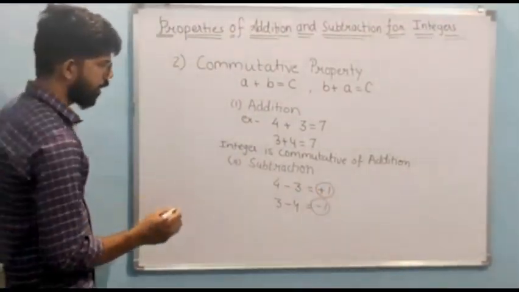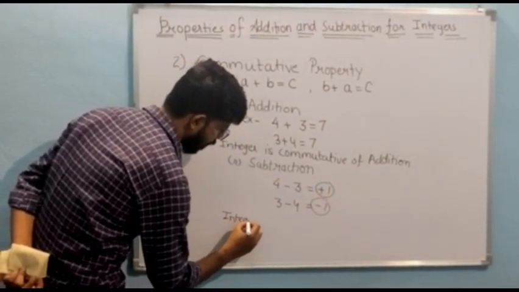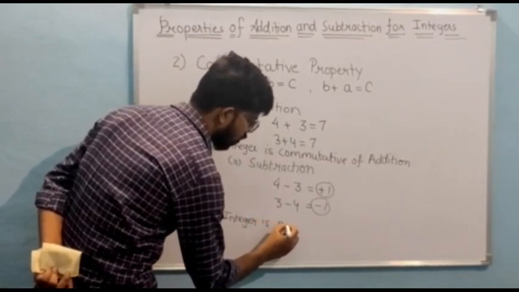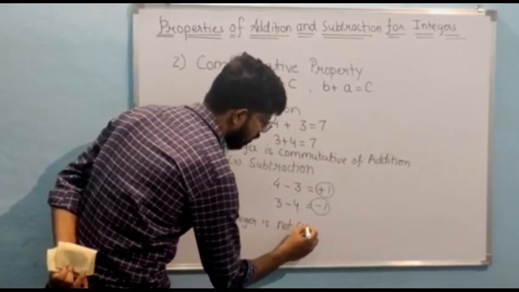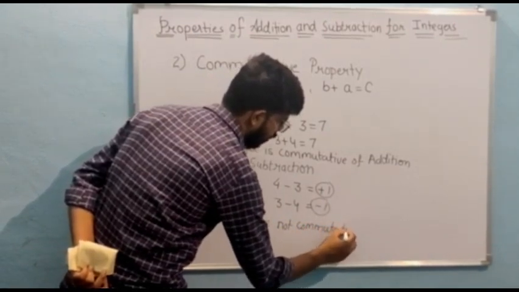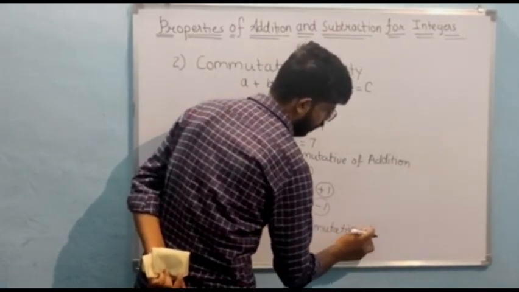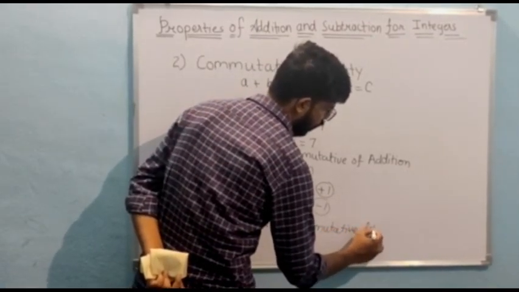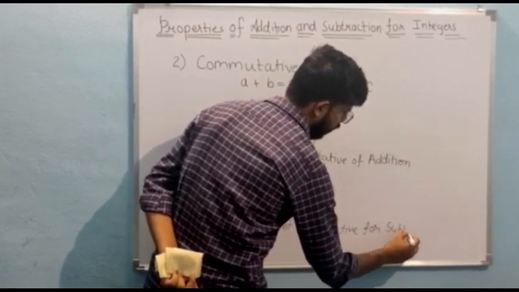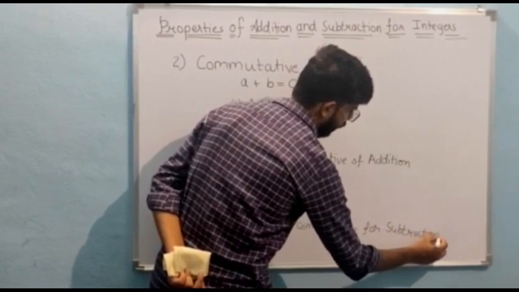So we can say that integers are not commutative for subtraction.